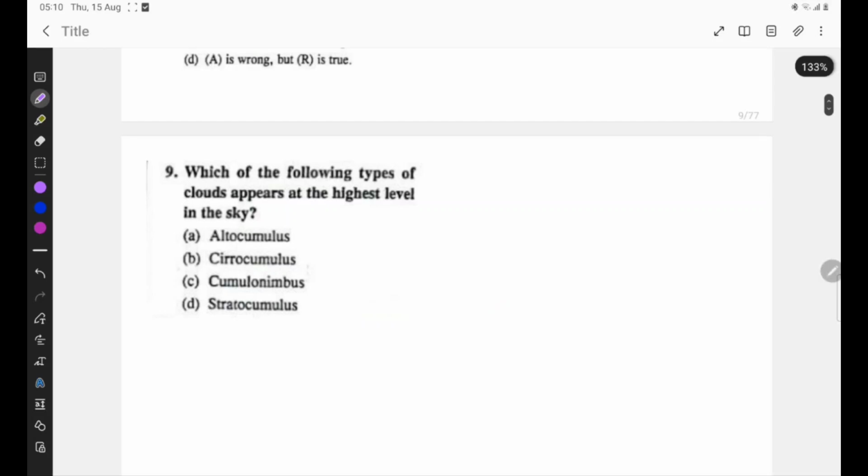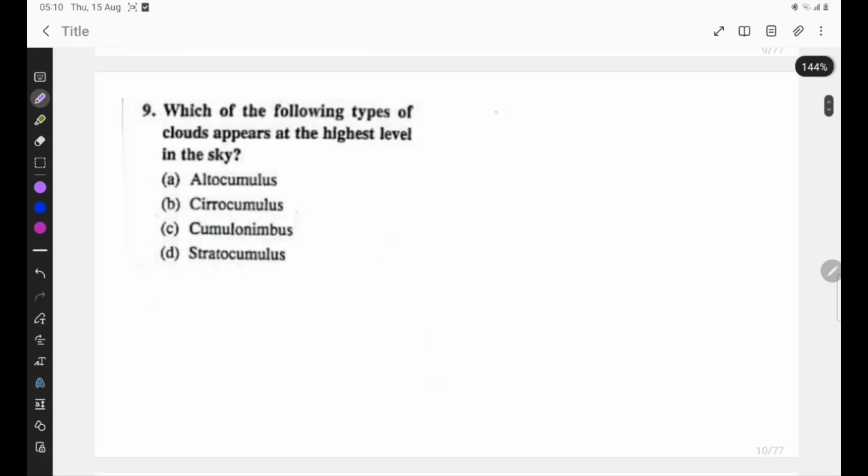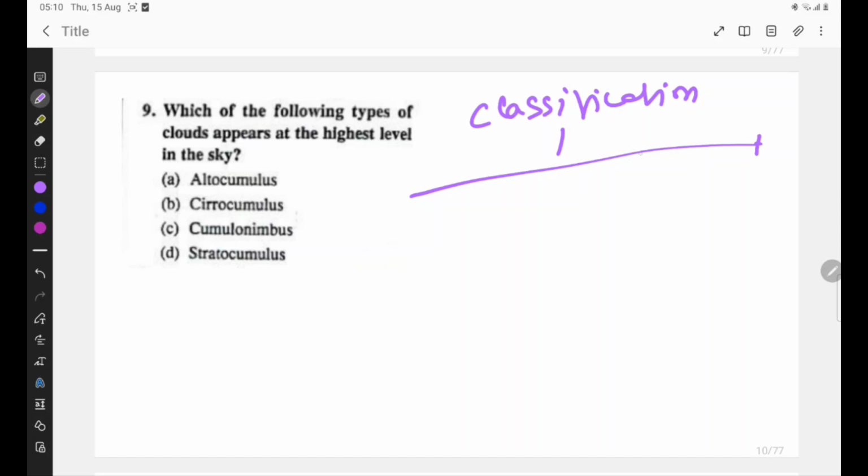Which of the following types of clouds appear at the highest level in the sky? See, as far as classification of clouds is concerned, there are several bases of classification.